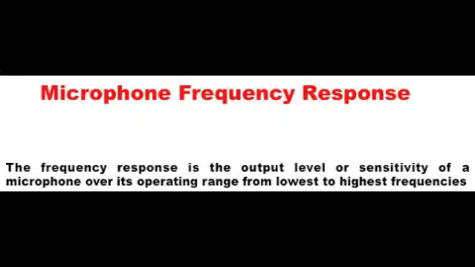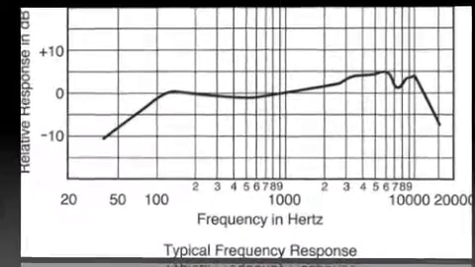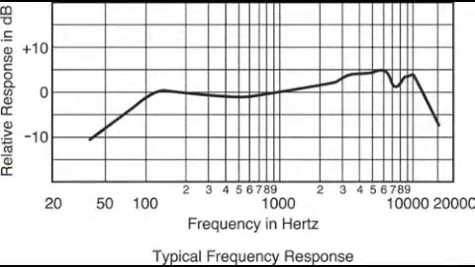For example, a frequency response which favors high frequencies means that the resulting audio output will sound more trebly than the original sound. A microphone's frequency response pattern is shown using a chart like this one, referred to as a frequency response curve.